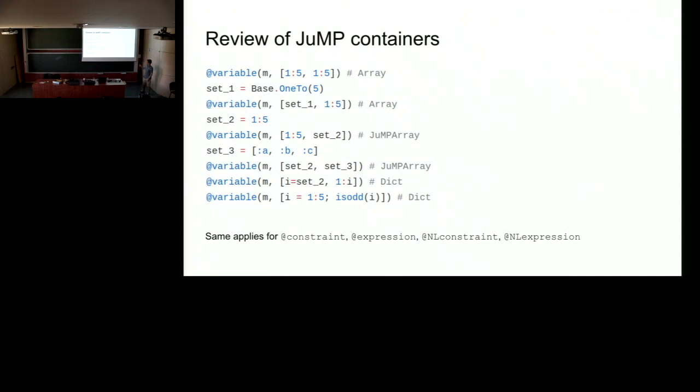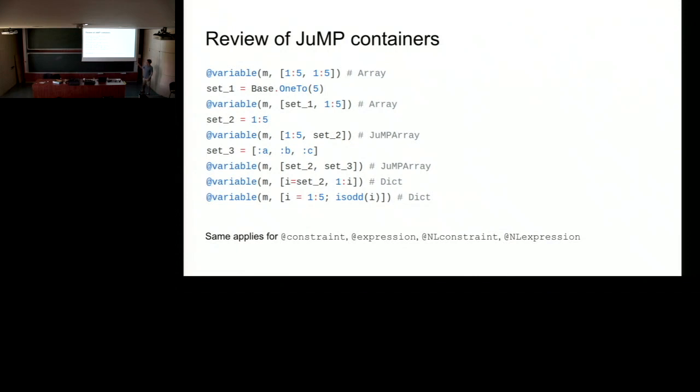If we do not know, based on compile time information, that your sets are all 1-based intervals, then we return a JuMP array. So at compile time for set 2, we only know that it would be an interval, a range, and the starting point of the range is not encoded in the type, so based on this we would return a JuMP array.